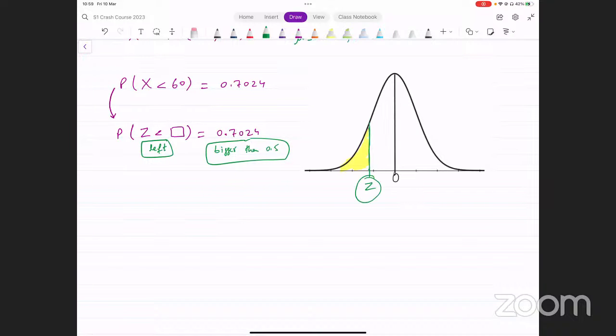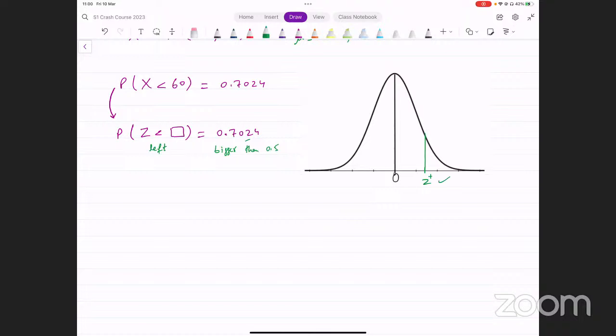On the other hand, if you were to place Z on the other side, here, what about the area to the left of Z now? This area is bigger than 0.5, and that's exactly what we want. So that means Z should be on the positive side. So Z should be somewhere here.